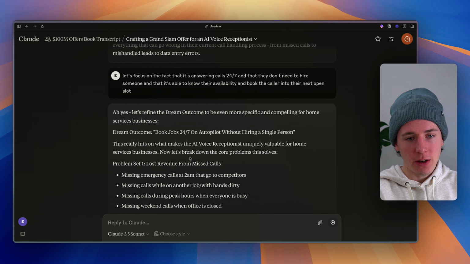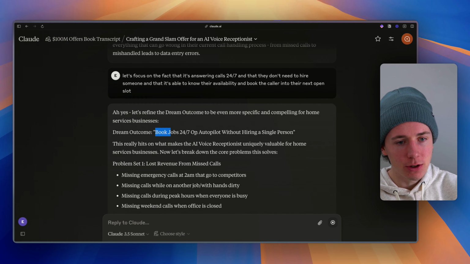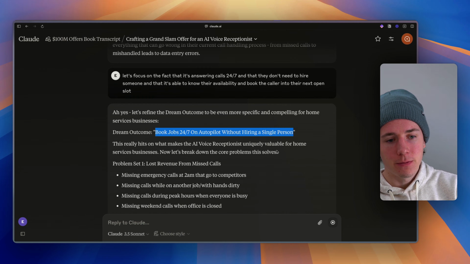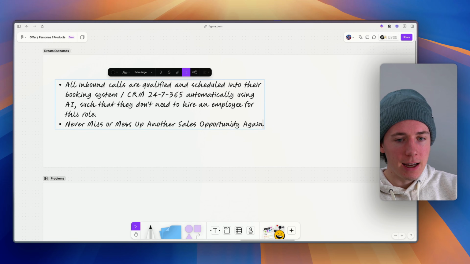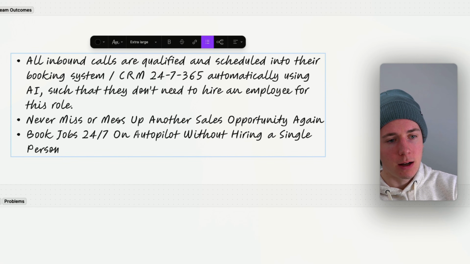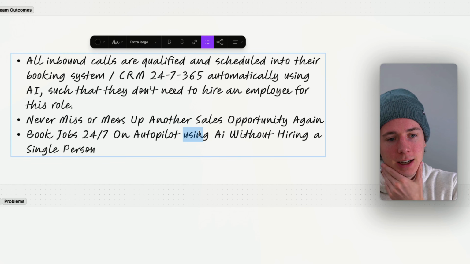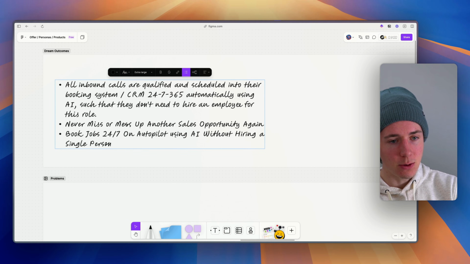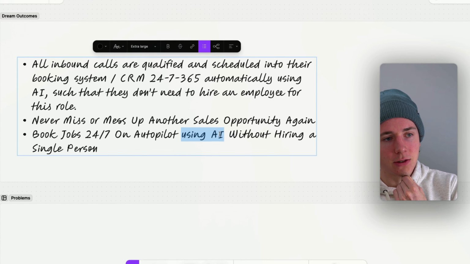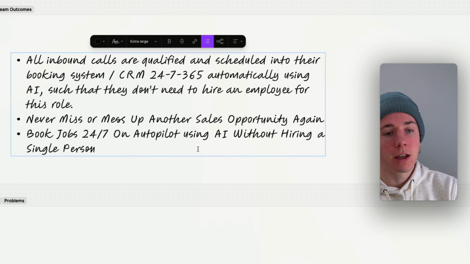Book jobs 24/7 on autopilot without hiring a single person. Again, I kind of want to put AI in it. Book jobs using AI, because this is such a hot topic right now and every business wants to implement it. So I think this is part of the dream outcome, or it could help us.